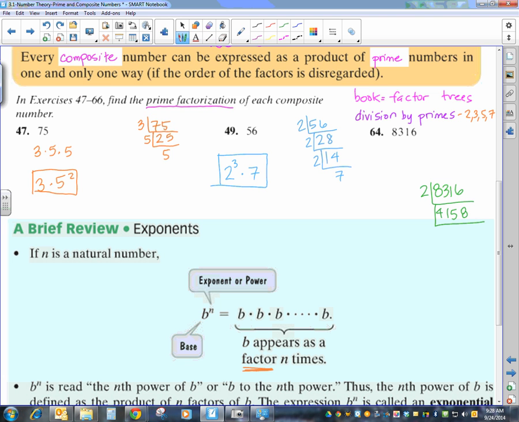Even number, divides by 2. 2 goes into it 2079. So 2 doesn't go into it anymore. I need to see if 3 does. And when I add up those digits, they add up to 18. So I know 3 goes into the number. And 3 goes into that number 693 times.